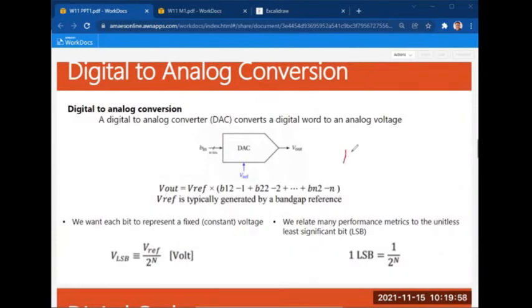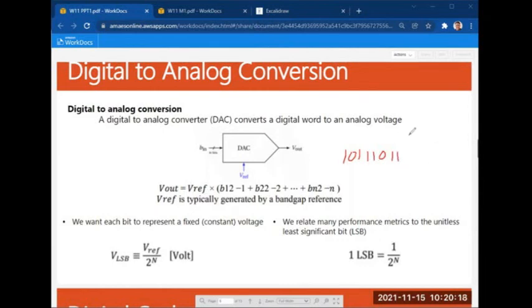For example, if we have this data, bits 1, 2, 3, 4, 5, 6, 7, 8. Let's have 1 in here.